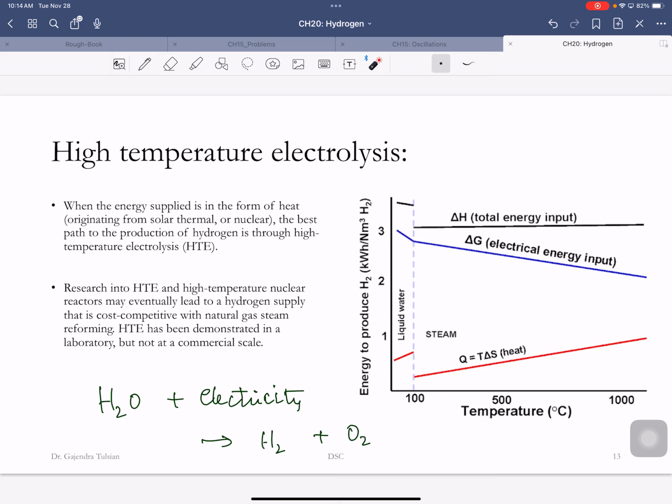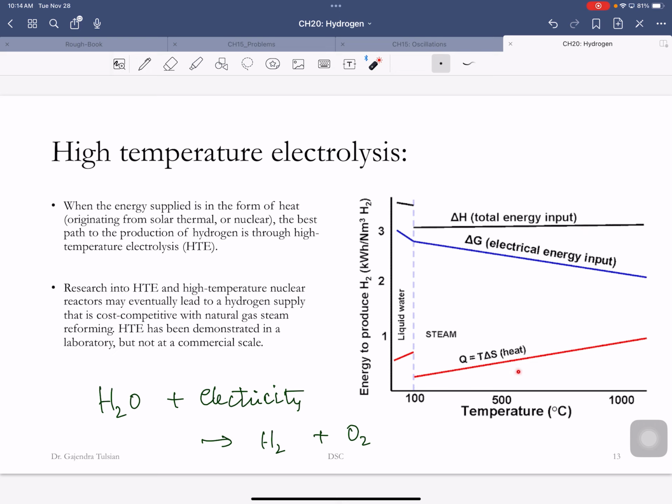So that's what this is showing you. See, the temperature of the steam to produce hydrogen. As the steam temperature is higher, the amount of electricity needed is less and less. But you are ending up providing more of the energy through heat. So here the total energy input is higher, but this heat you were going to throw away anyway.